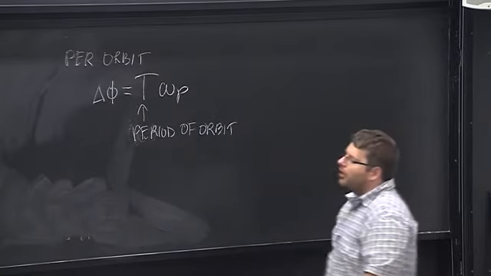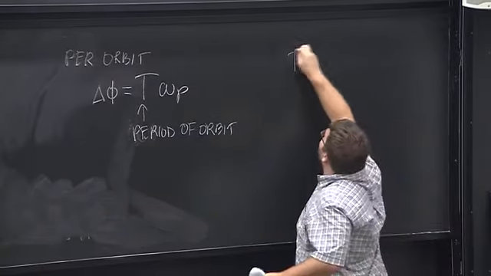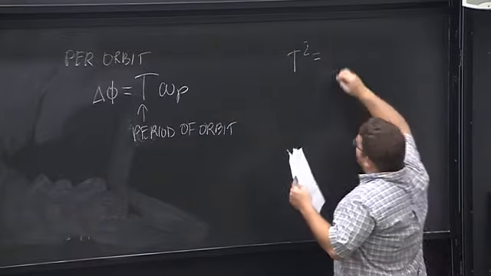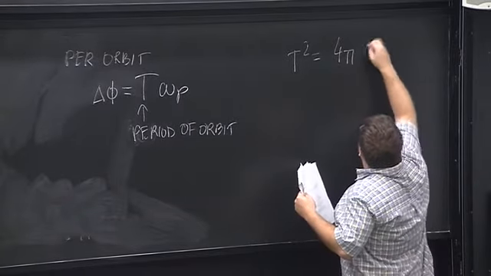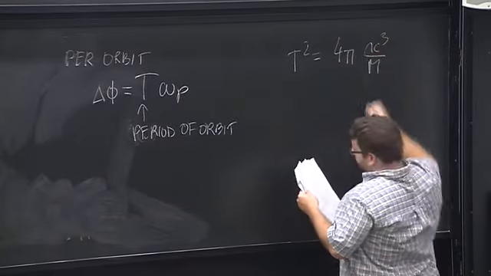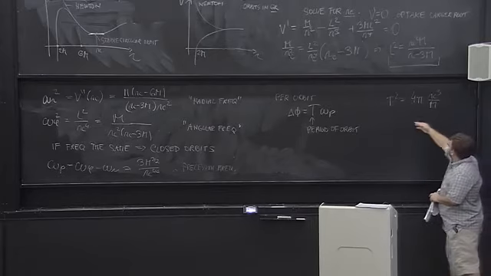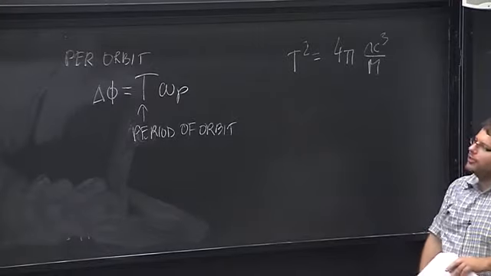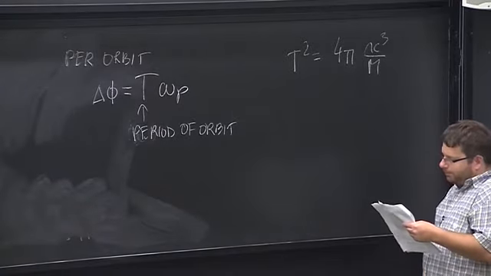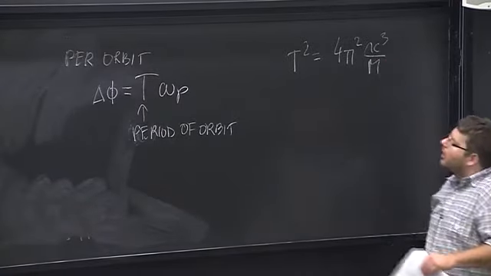Now you can use Kepler's law, where T squared equals 4 pi squared RC cubed over m. That's what the third Kepler law gives you: T squared is proportional to RC cubed.